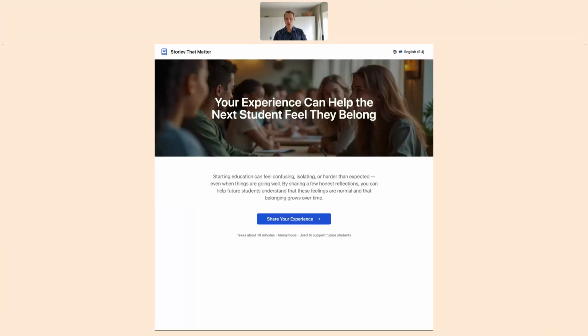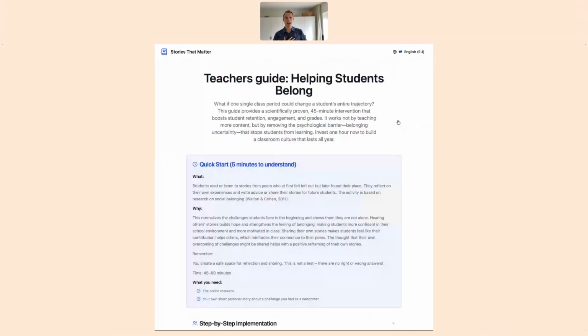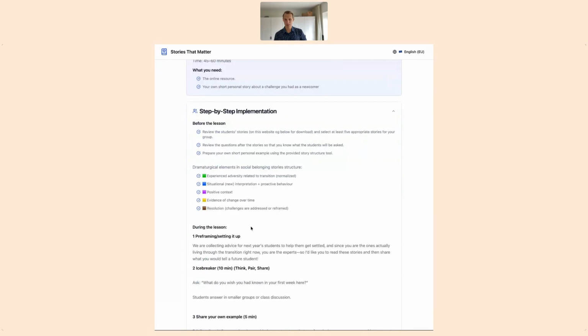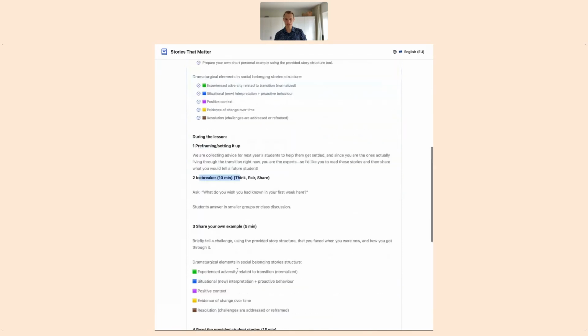So if you go to the belong.vet website, this is kind of the front page, and the front page is intended for students to read here. If you go here and you go to the teacher guide, you will have full instructions on how do I do it, what is the research behind it, how do I actually do the implementation, the pre-framing setup, the icebreaker that I'm just going through.